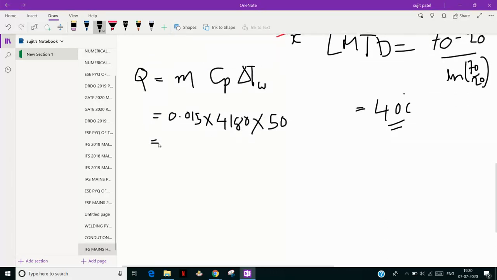When you calculate it, you will find 3135 joule per second, or 3135 watt.